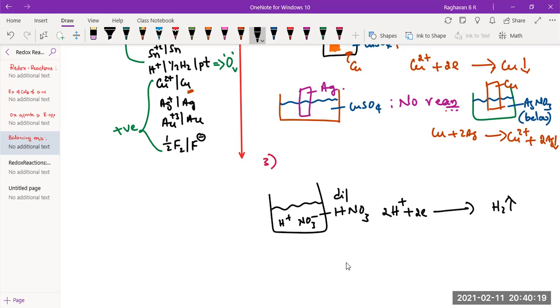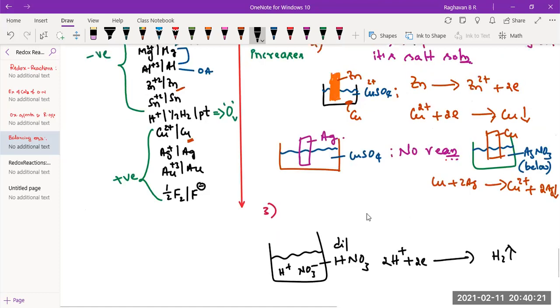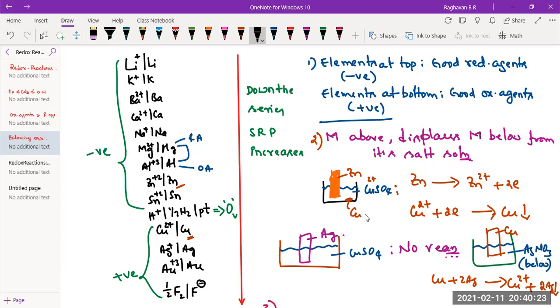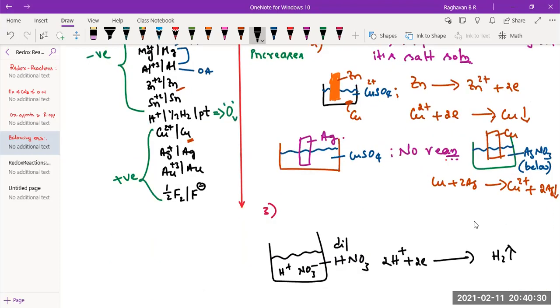Upar wala with respect to the hydrogen electrode. So any element which is above the hydrogen electrode will have low SRP, negative SRP, and can give electron, act as a reducing agent. So you can dip any low SRP metal or non-metal, no problem. This is above in this series, above standard hydrogen, and can displace.